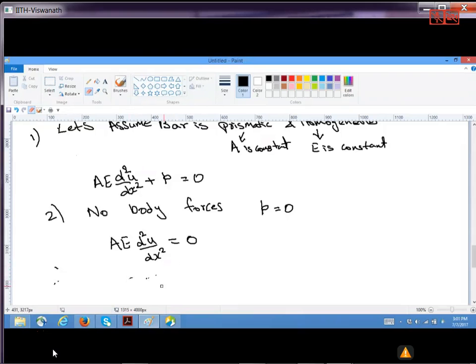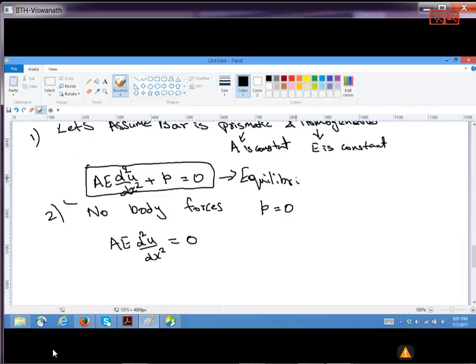So this is your equilibrium equation. What we have developed here is the equilibrium equation. That is what we have done in a generic sense.